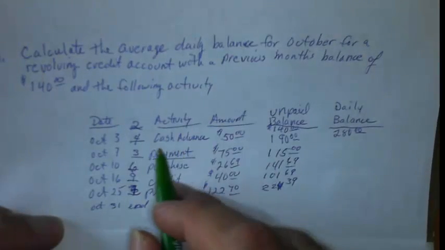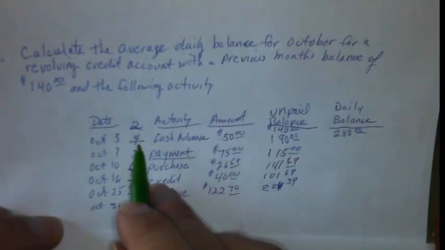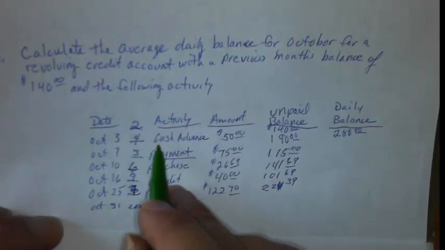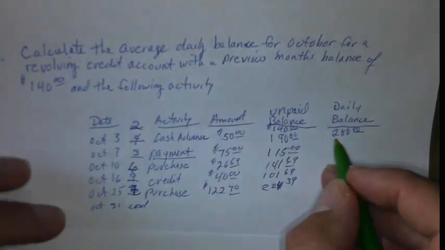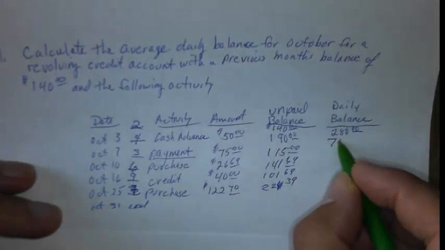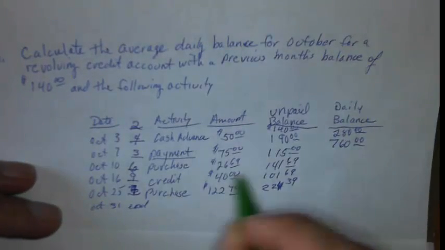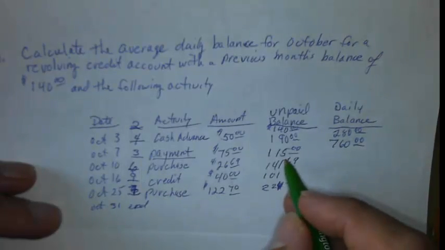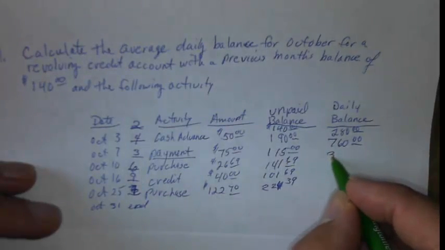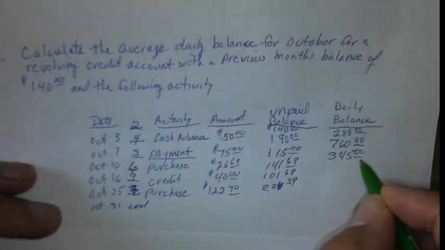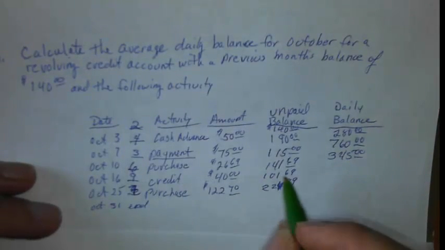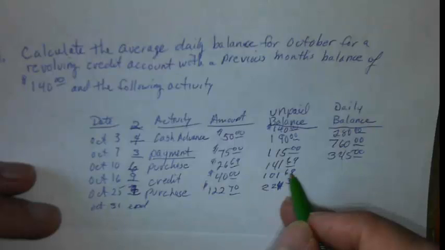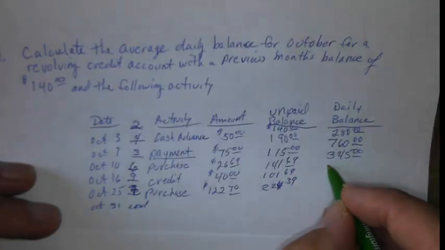So to get to your average daily balance, you're just multiplying the unpaid balance by the number of days that you have. So as we're going clear across, we have 4 times 190, and again, you would just do that on the calculator. So you'd have 760. And 3 times 115 is going to be 345. Some of these you might just be able to do in your head. This one you probably can. 6 times 140, 169.